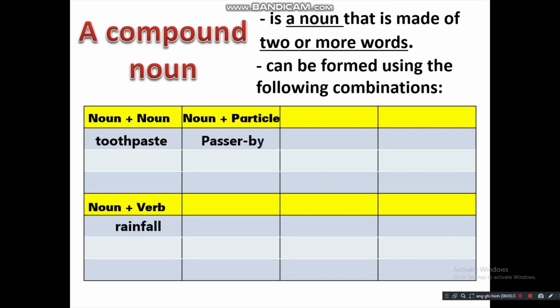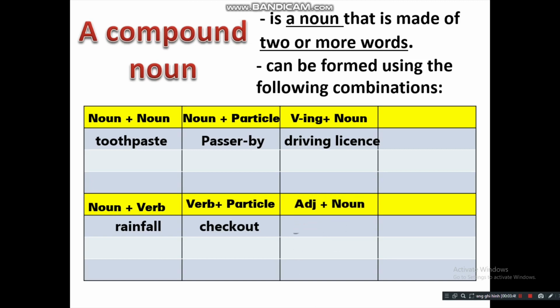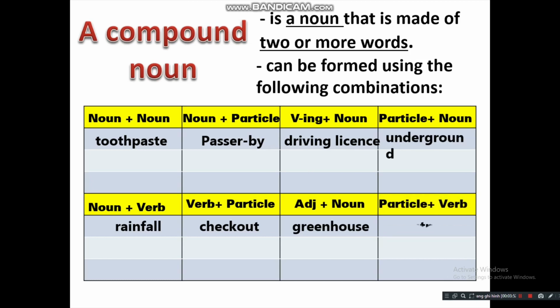In this case, the example is rainfall. Next, we have noun with particle, passerby. Verb with particle, checkout. Verb plus ing with noun, driving license. Or adjective with noun, in this case it's greenhouse.